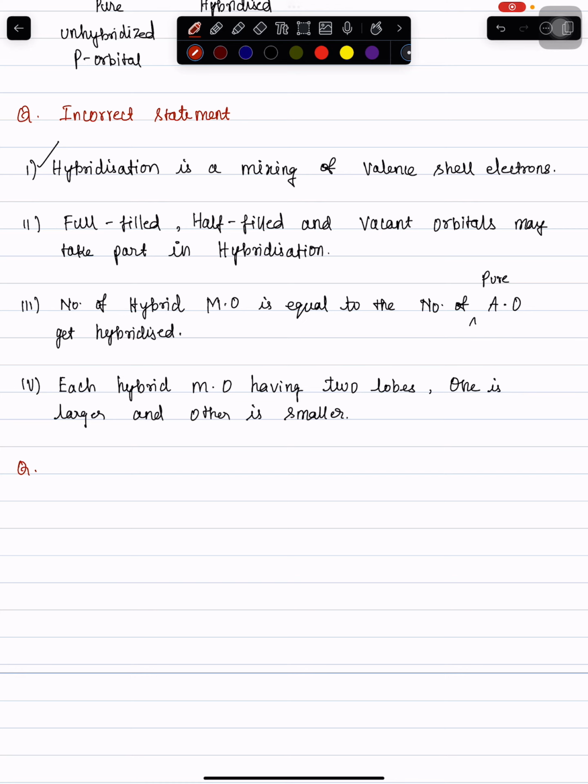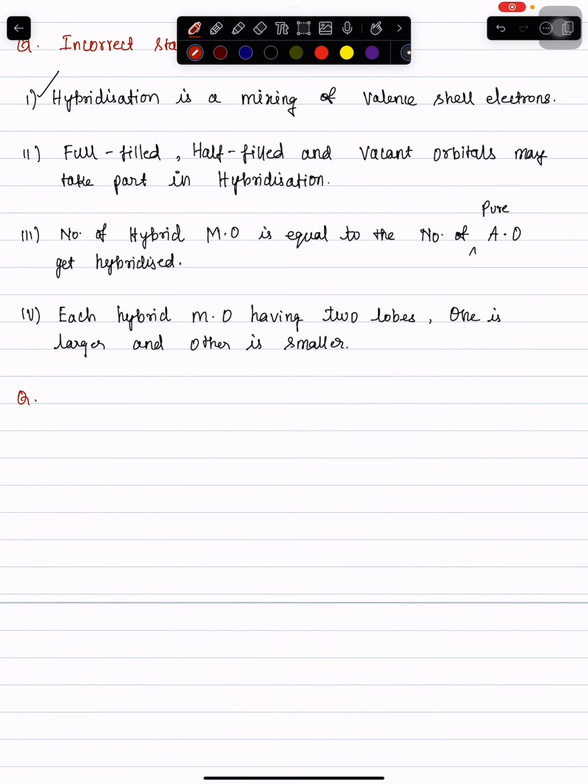Here I made all the questions to cover all the concepts. Correct statement regarding hybridization.